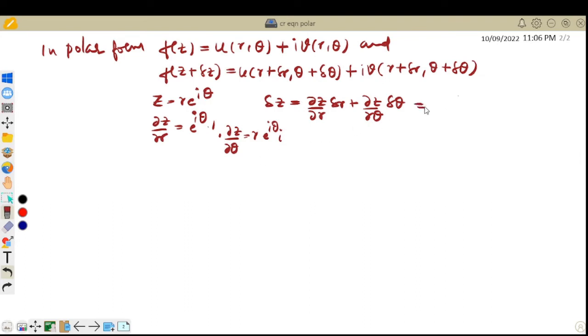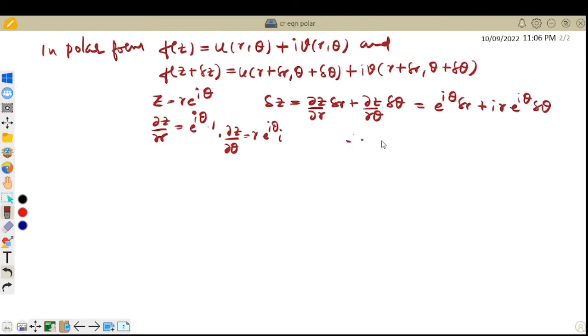So now it will become dou z by dou r is equal to e^(i theta) into delta r plus dou z by dou theta, which is i r e^(i theta), into delta theta.